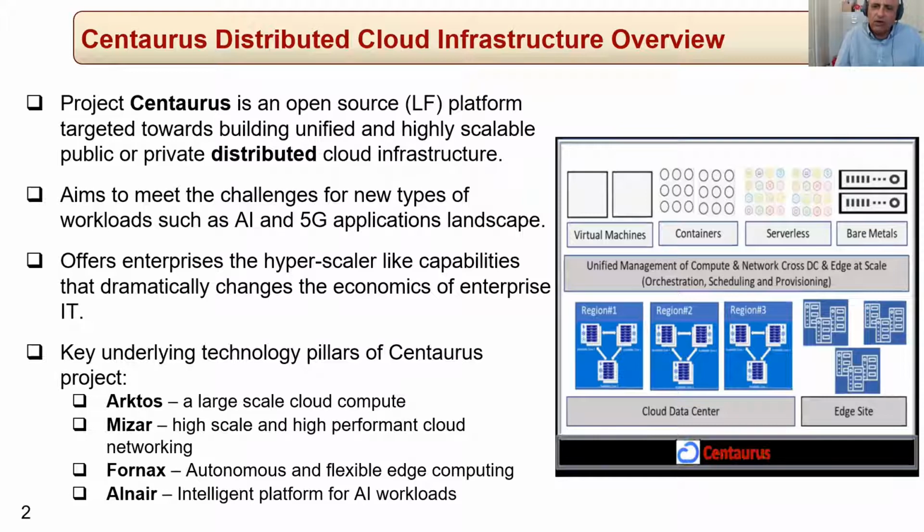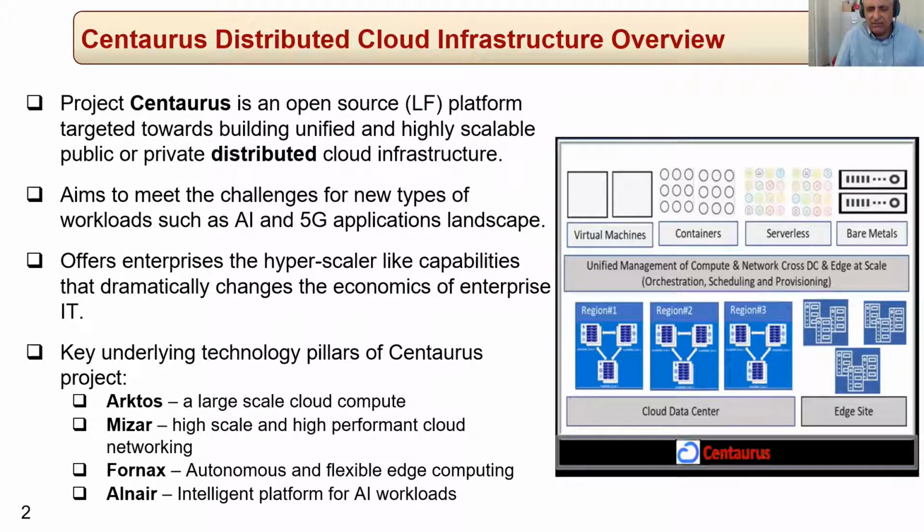Now, we all know that the characteristics of AI and 5G applications are very different from a typical central cloud environment: the need for low latency, mobility, location awareness, privacy, and security. These are characteristics you don't typically need to address in a centralized cloud environment.